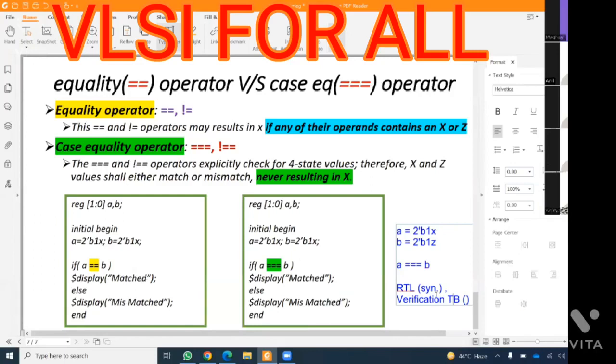We use this in test bench comparison, in scoreboards and checkers, to make sure my RTL is not returning any signal as X or Z. So these are not synthesizable.